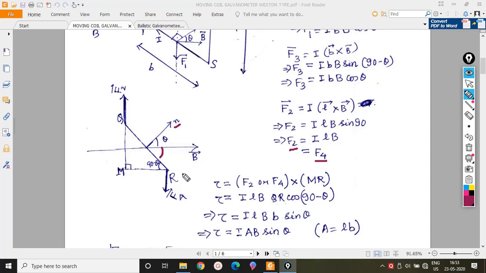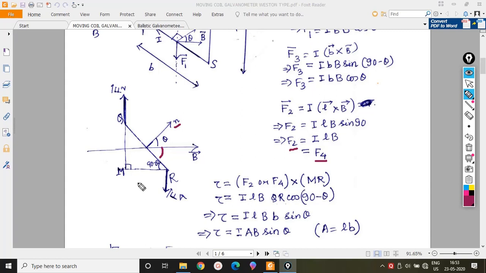Your F1 and F3 were acting along the same direction, so they cancel. But here it acts at Q and here it acts at R, so they will not cancel. Rather, because the direction of F2 and the direction of F4 have a distance of separation MR, they will constitute a torque here.